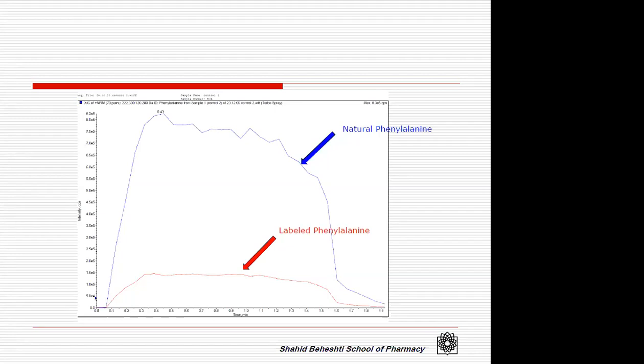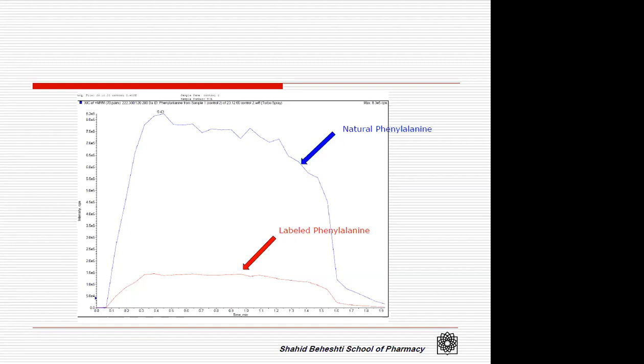And having this graph, we could easily decide that the concentration of natural phenylalanine has gone higher than the pathological amount, and this is a PKU case. This is how we decide on the result of the test. This goes for all the biomarkers I explained to you.